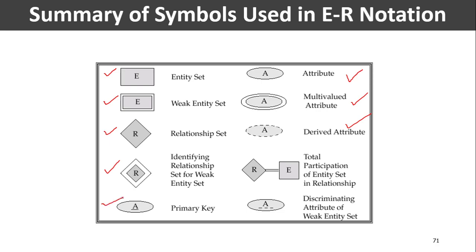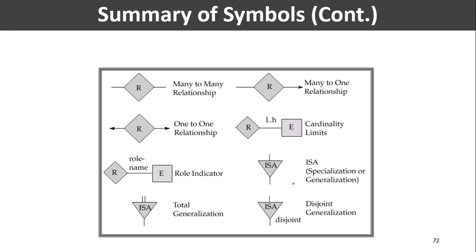To depict the partial key or discriminating attribute of the weak entity set, we use the attribute with a dashed underline. Total participation of an entity set in a relationship is denoted with a double link between the relationship set and the entity set.